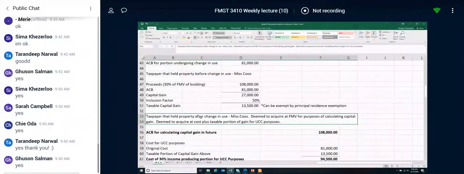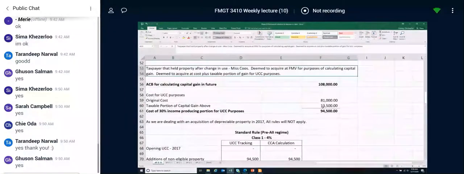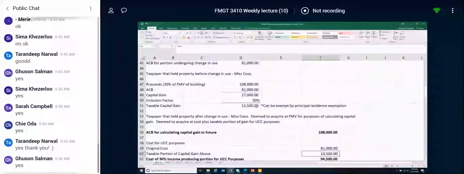So the government, we talked about that rule, the amount you can add for UCC purposes is going to be cost plus the taxable portion of the capital gain. So the government said you can't do 27, you've got to do cost plus the taxable portion, which is 13.5.